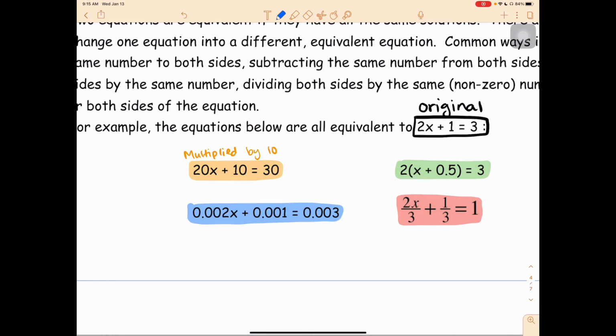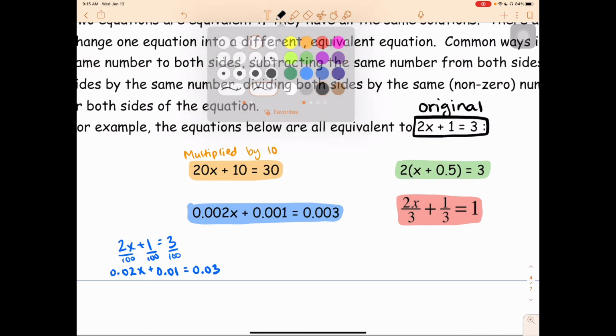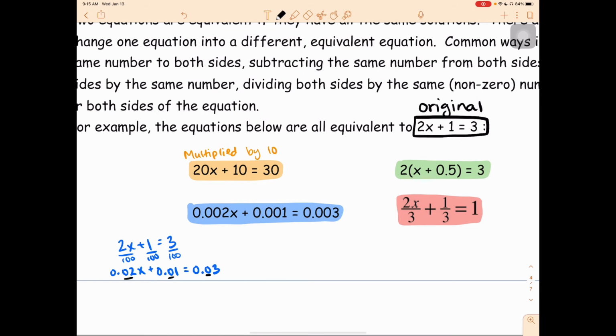Okay, so if we were to divide 2x plus 1 equals 3 by 100, every part by 100, you're going to get 0.02x plus 0.01 equals 0.03. And they noticed, okay, well, that's not enough zeros, so let's divide by 1,000.